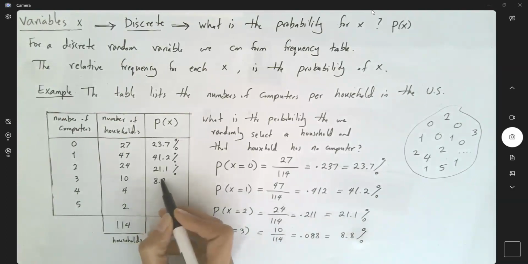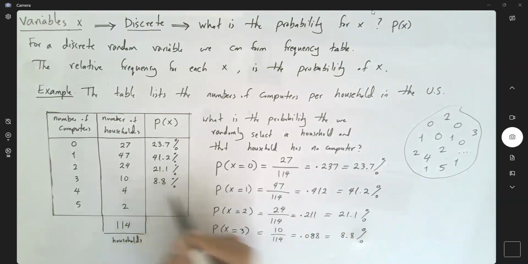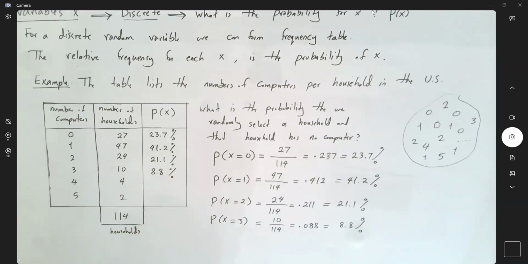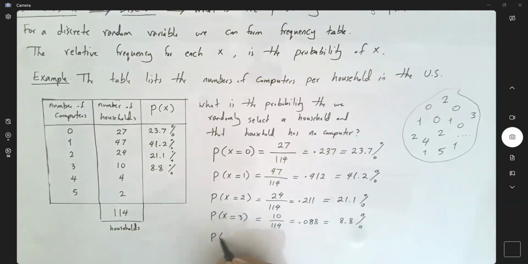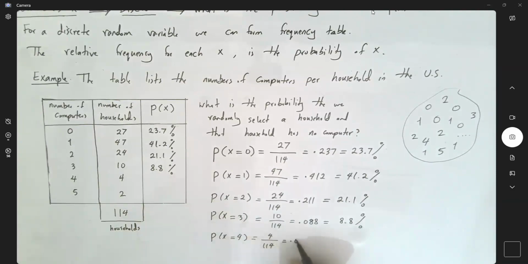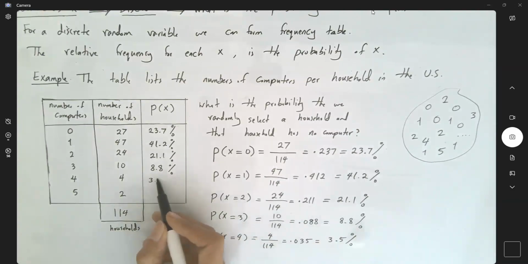So 8.8% of households in the United States have 3 computers at home. If I want to find the probability that X is 4, well, it happens that these two numbers are the same. 4 households have 4 computers at home, divided by 114, which is 0.035, or 3.5%.